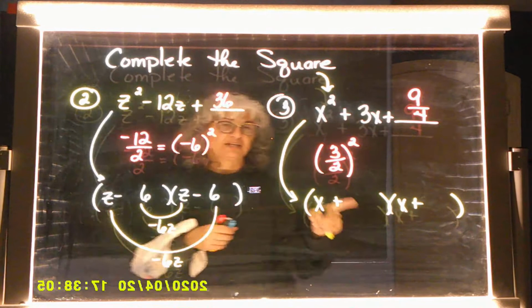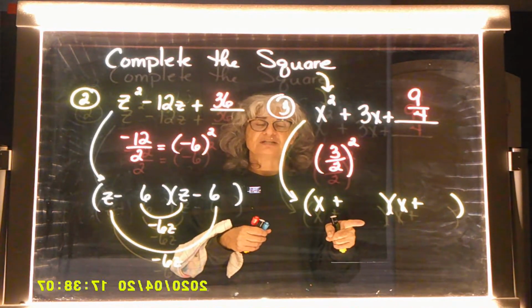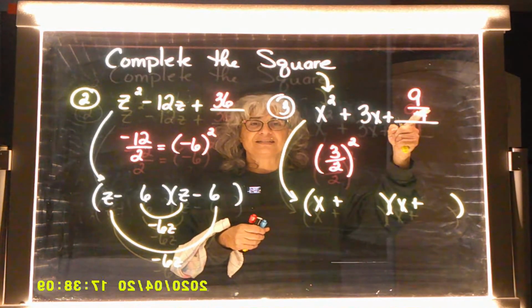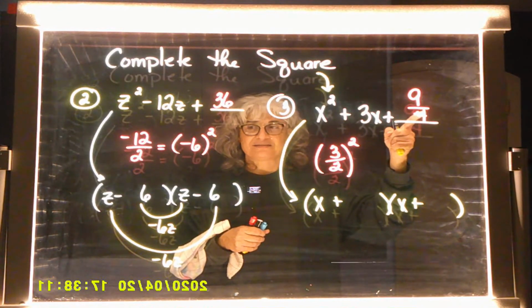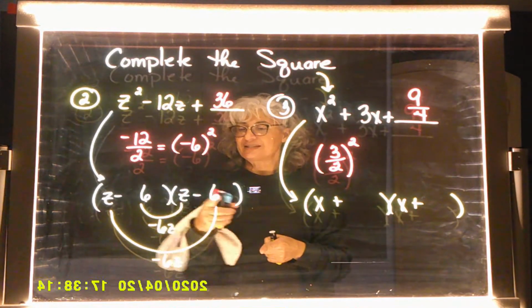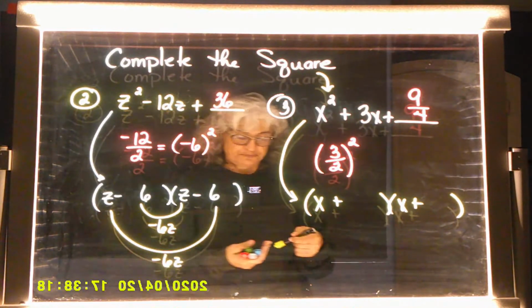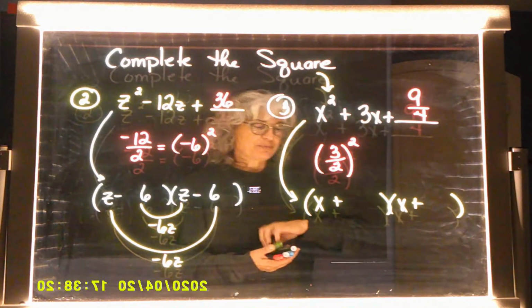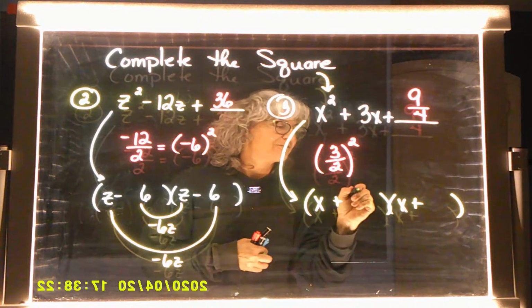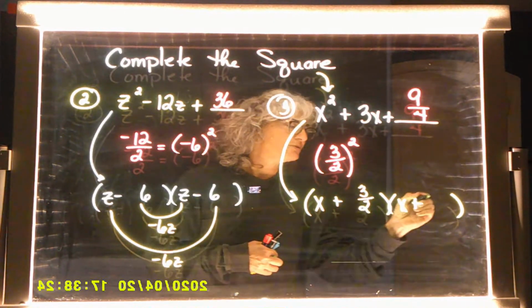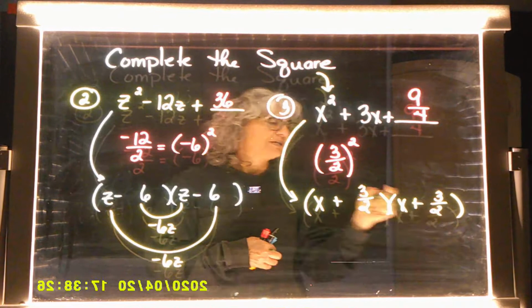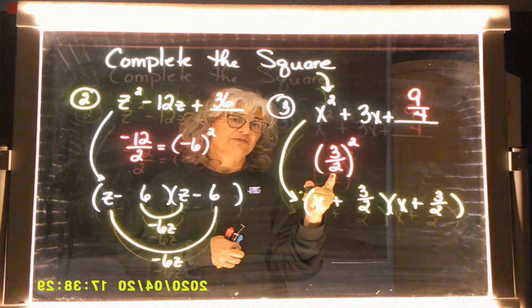Okay, so here, I need the square root of that. Just like here, when you put in the 6's, you took the square root. You took 6. So, if I put 3 over 2, because that's what I got here when I took half of the 3, right?